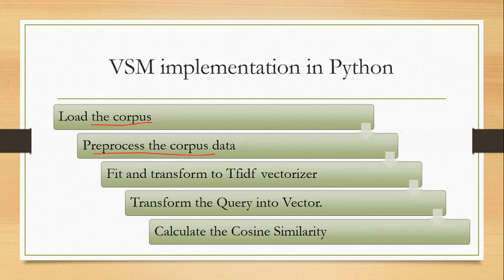As we discussed in the last lecture, before passing it to the system we pre-process the corpus data, that is, removing the stop words, removing the punctuation, and stemming. All these processes are necessary and are called pre-processing. Then we will fit and transform with the TF-IDF vectorizer.